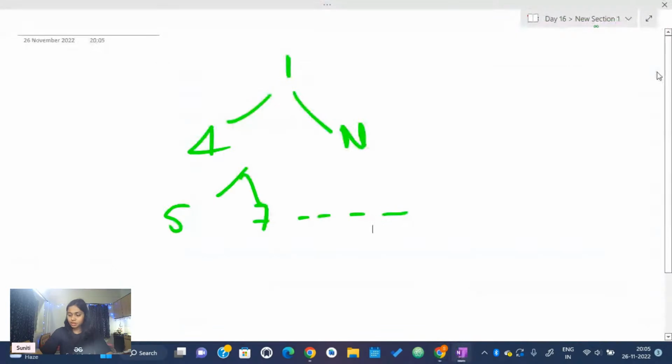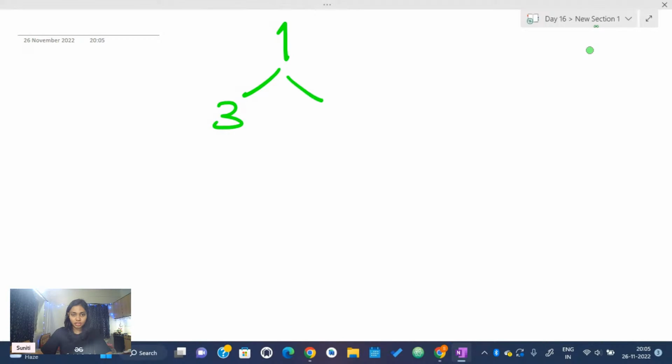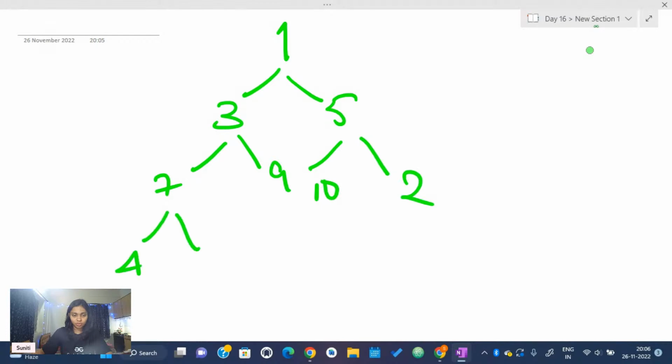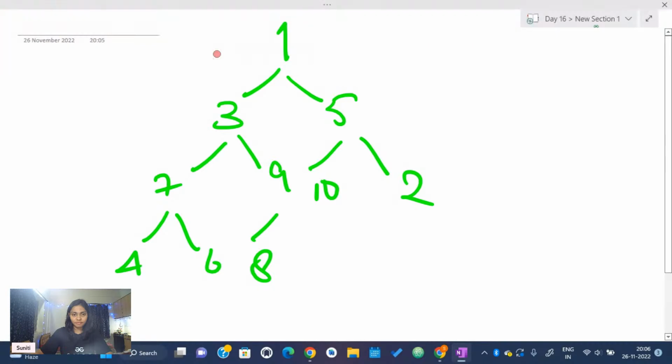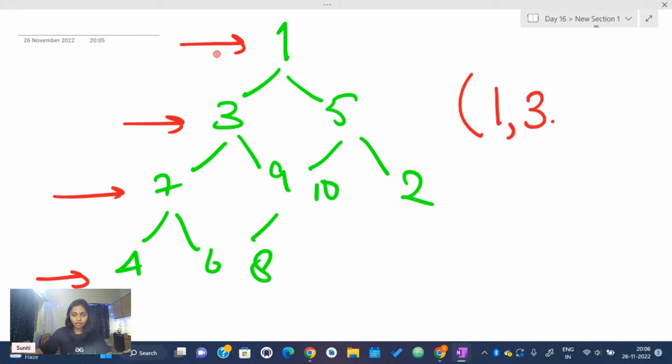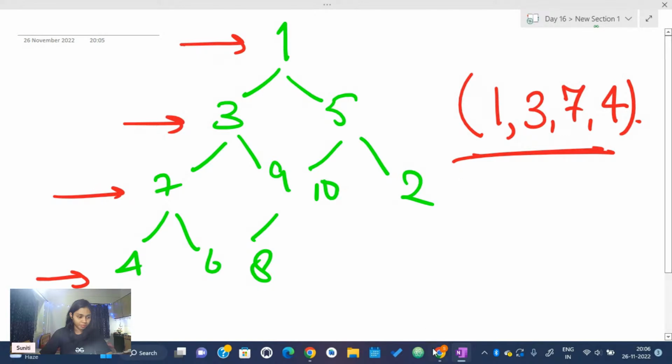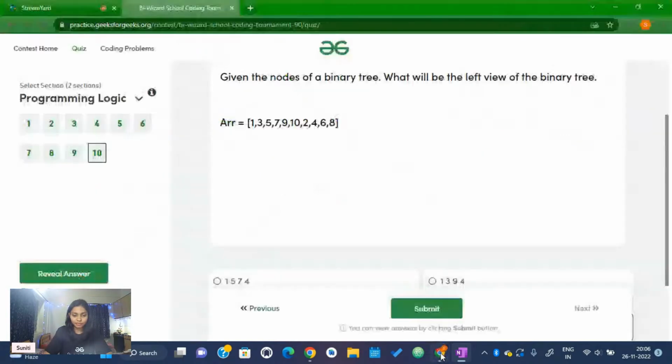See, if this is the binary tree that is given to us, and you view it from the left side, the nodes that we are going to get are 1, 3, 7, 4. So that is going to be our answer for this question, 1, 3, 7, 4.